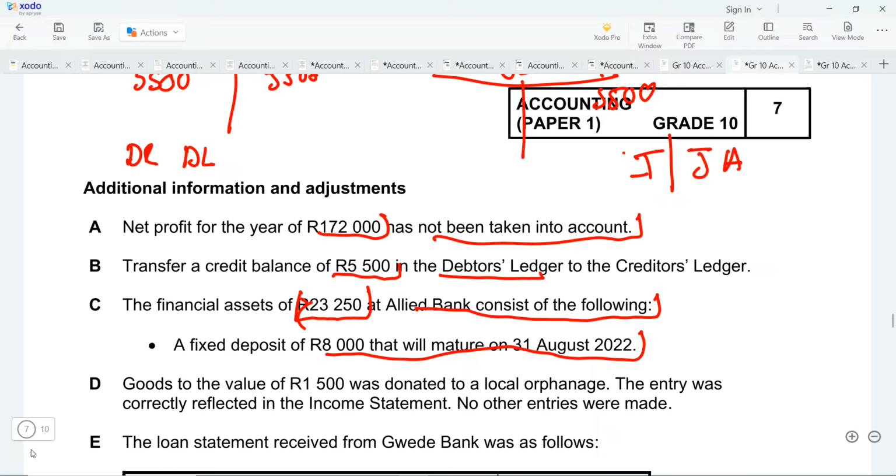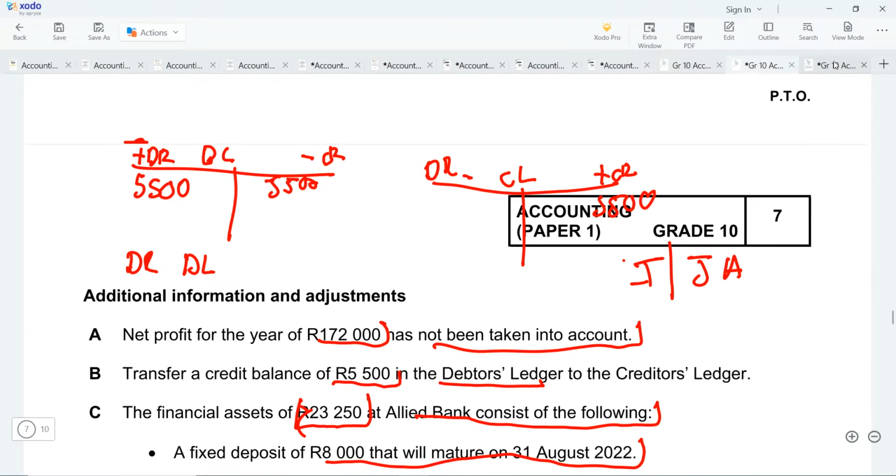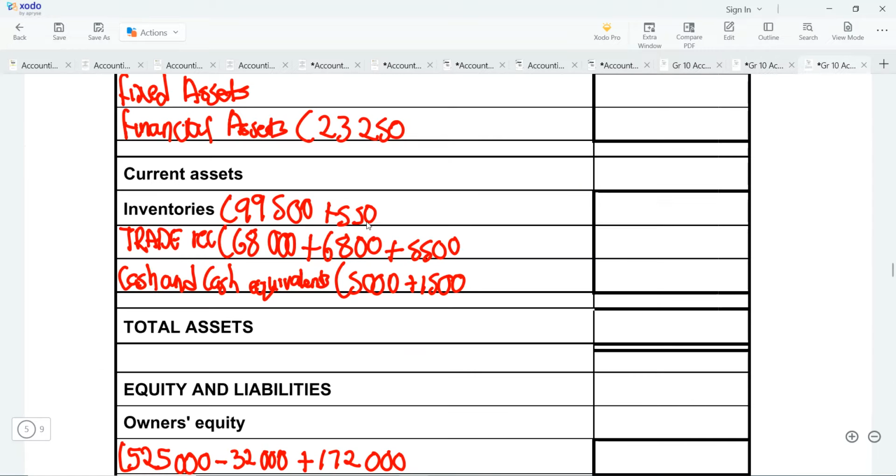So which means that this is supposed to be transferred to our current assets because it will be maturing, or it can be converted into cash, within a period that is less than 12 months. So we're going to subtract it from the long-term financial assets to short-term financial assets. Here it's going to be a minus 8,000.